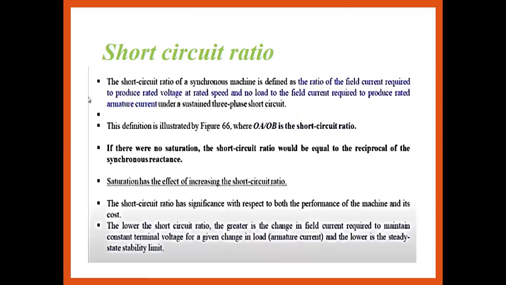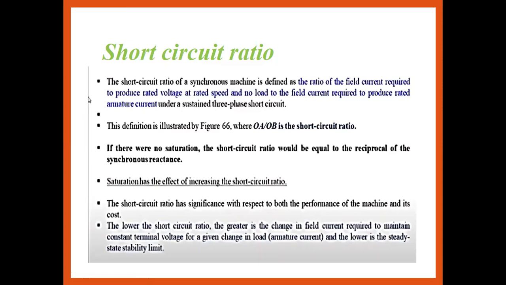The short circuit ratio of a synchronous machine is generally defined as the ratio of the field current required to produce the rated voltage at rated speed and no load, to the field current required to produce the rated armature current under the sustained three-phase short circuit. Means what?